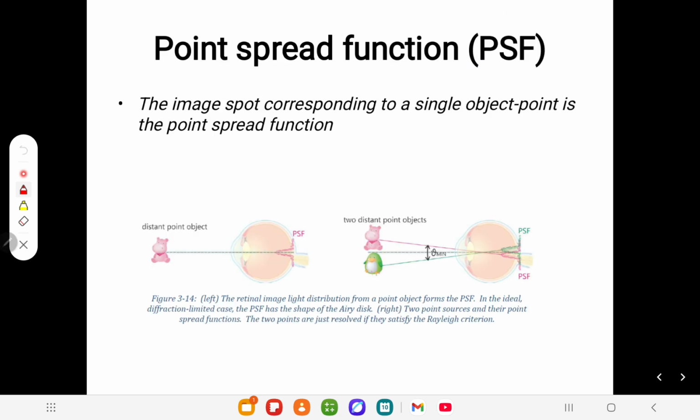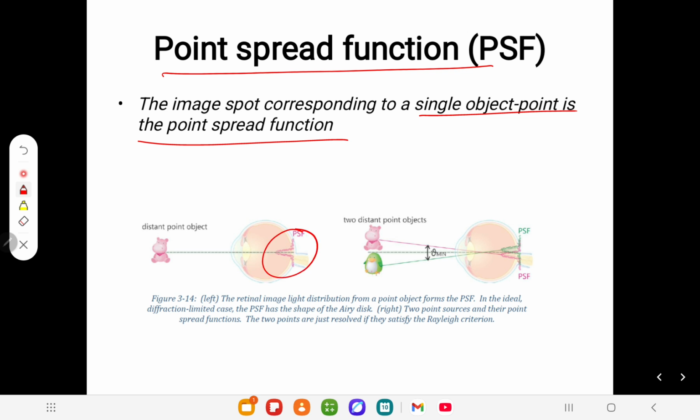Before going there, we must know what the point spread function is. Point spread function is the image spot corresponding to a single object point. In our diffraction system we called it the Airy disk, isn't it? We never considered it in terms of aberration, but if we consider that Airy disk in terms of aberration too, it's far better to explain it as a point spread function.